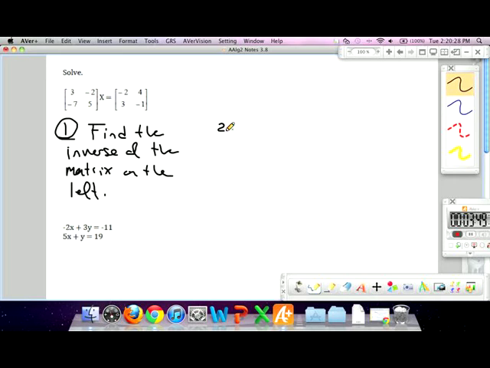Second, multiply, and let me be even more specific, since we know that matrix multiplication is not commutative. You can't just multiply in any order. We're going to left multiply each side by the inverse.